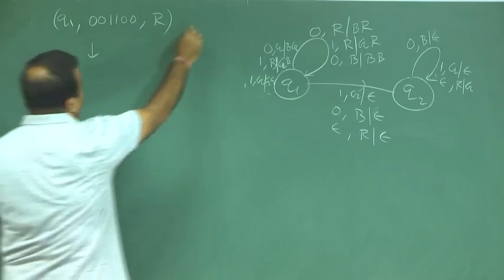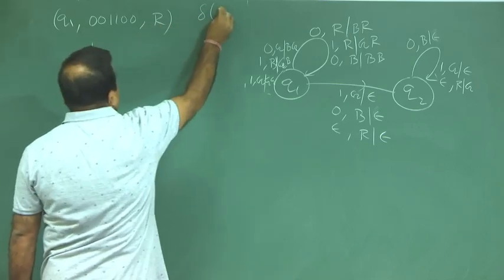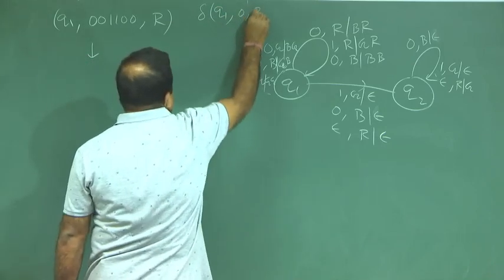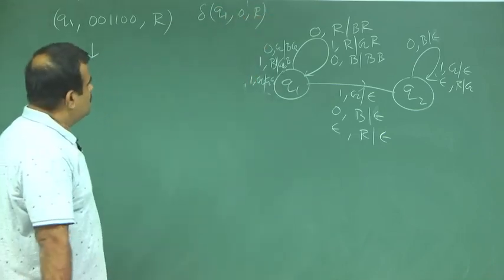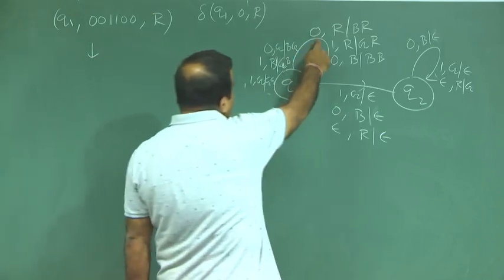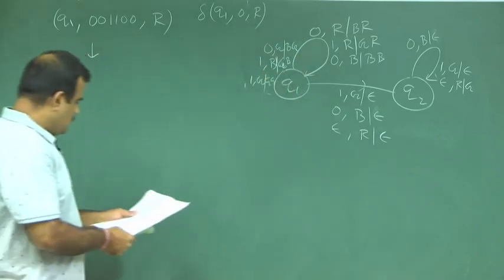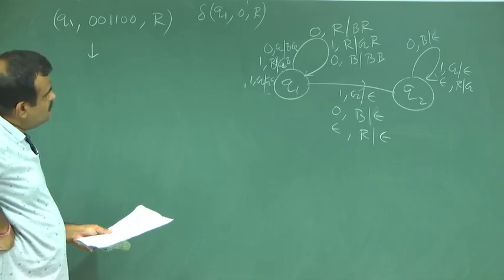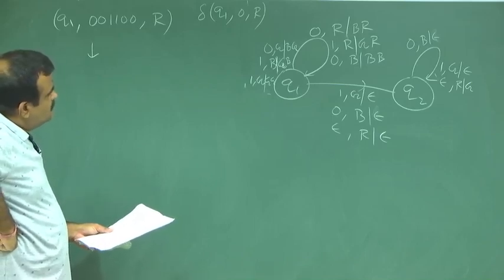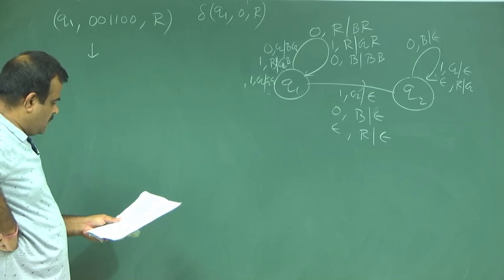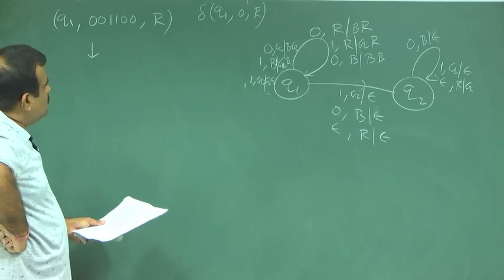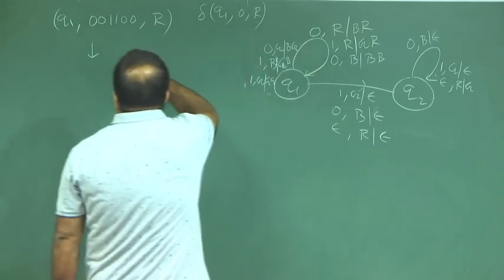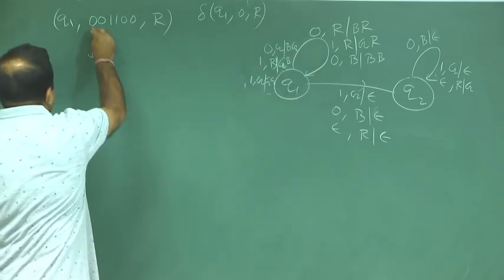We are reading this, and the transition is delta of Q1 0 R. We are at Q1, reading 0, with R on the stack. So, we will take this rule, Q1 0 R.